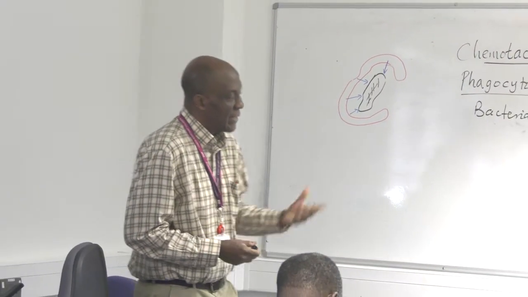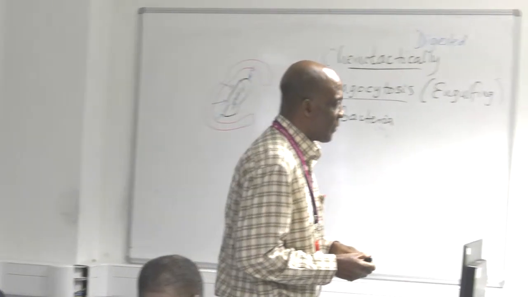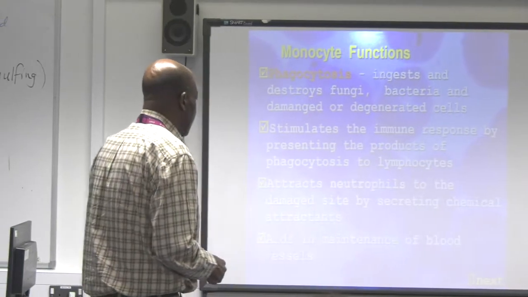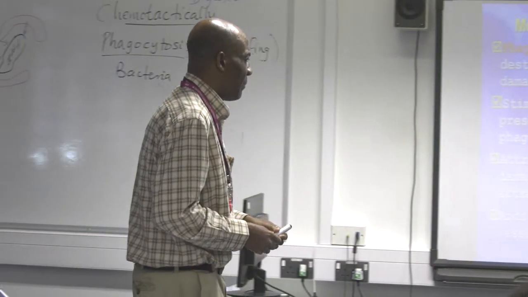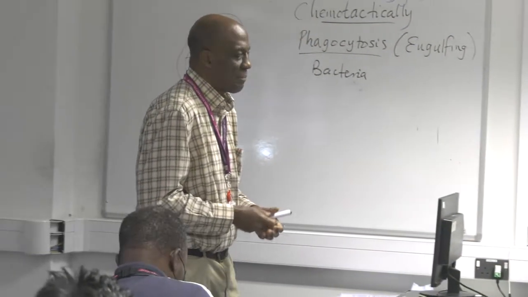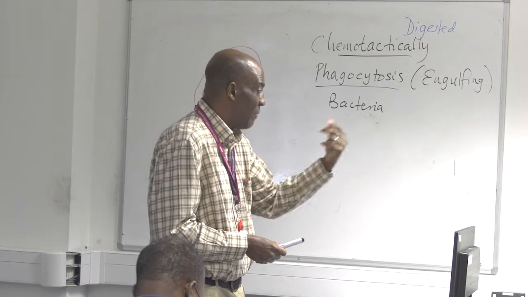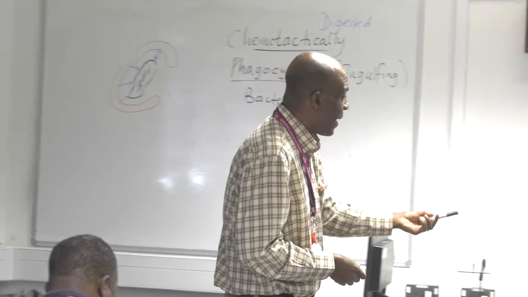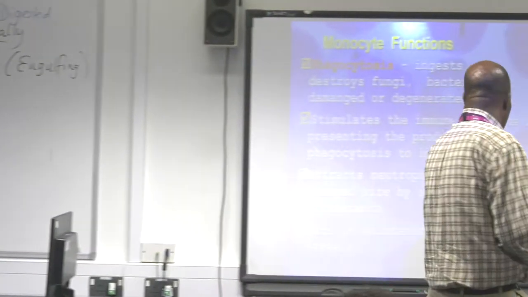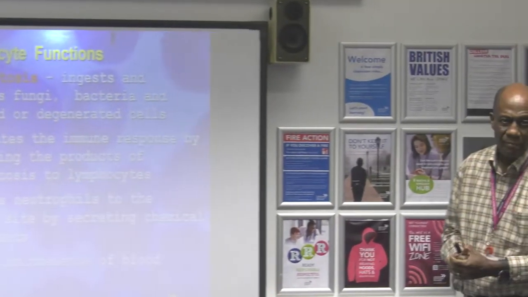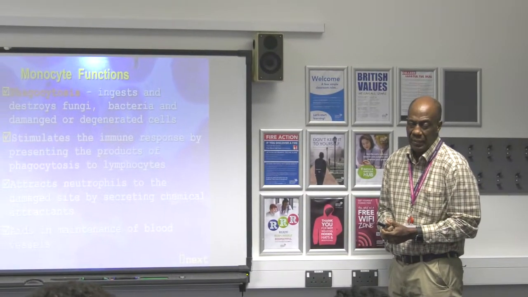And they stimulate immune response. I can see the phagocytosis coming in. So the bacteria must be digested. That is why phagocytosis comes in. That is why the chemical attractants are also coming in. That's the chemotactically is destroyed.